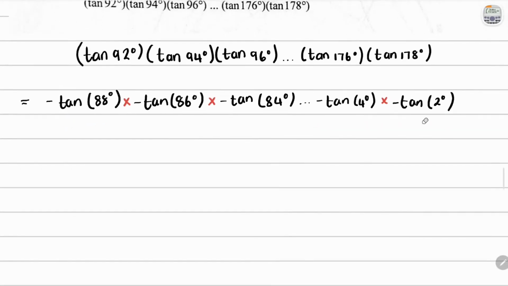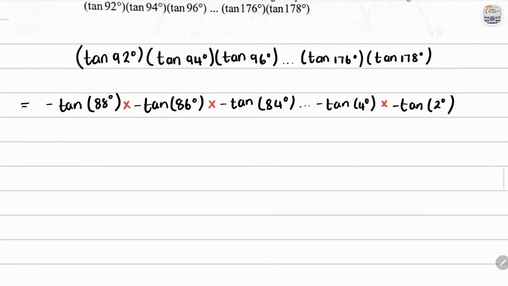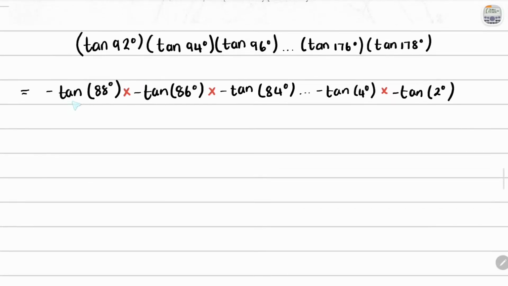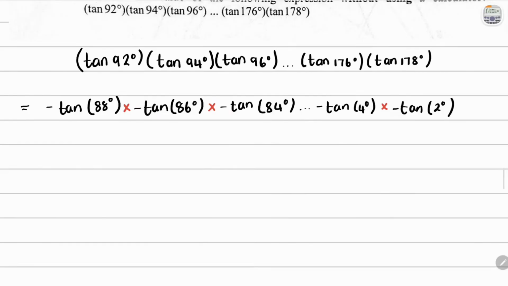Currently, they're all negative. So we can also just work with that. Since they're all negative, will it become positive? It can only become positive depending on the amount of terms that you have. If you read it backwards, it's going from 2 degrees and then 4 degrees, 6 degrees, and all the way to 84, 86, and 88. So how many values are we multiplying together? Since you started at 2 and you ended at 88, there are exactly 44 values.